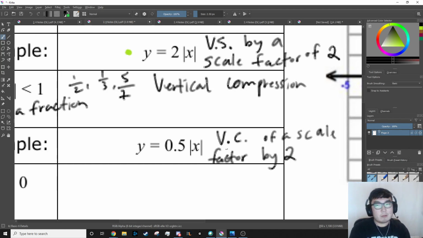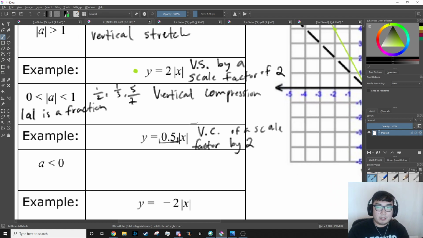And the reason why we write it like this is because it's getting twice as flat as it was before. Because how many of my scale factor does it take to get to 1? That's 2. It takes 2 halves to make a whole.